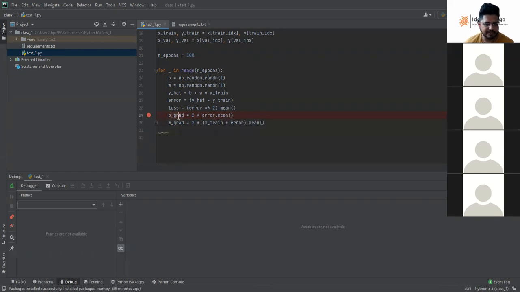We calculated the partial derivative of B, partial derivative of W, and loss, right? Squared errors. No, this is plus.